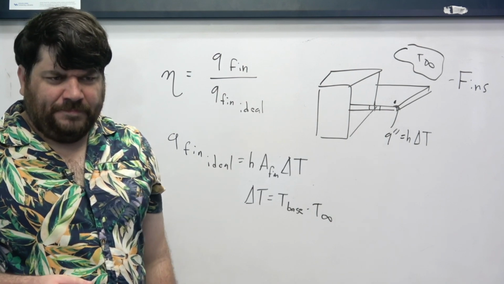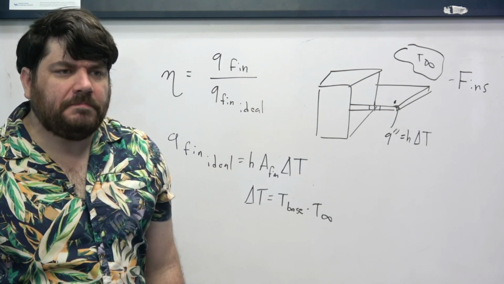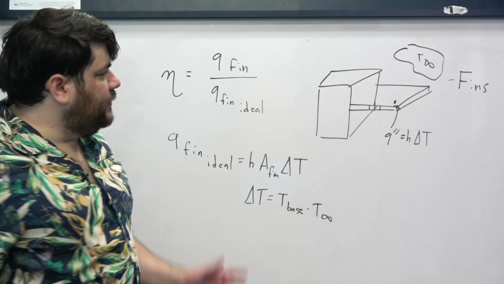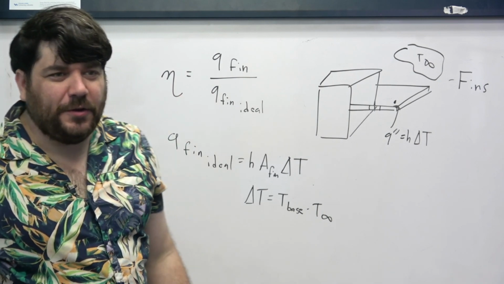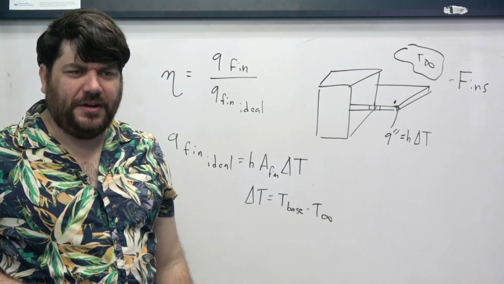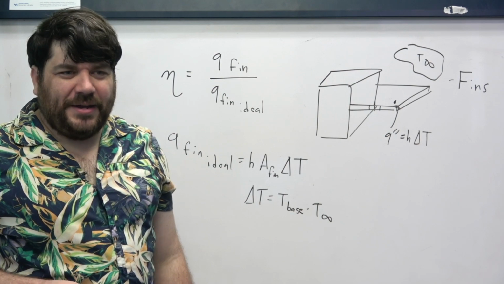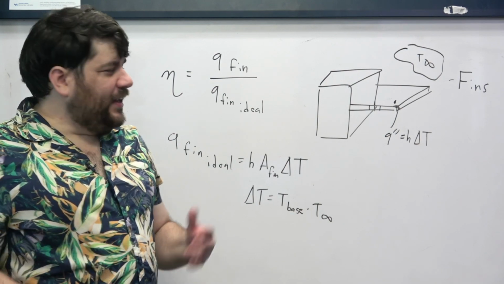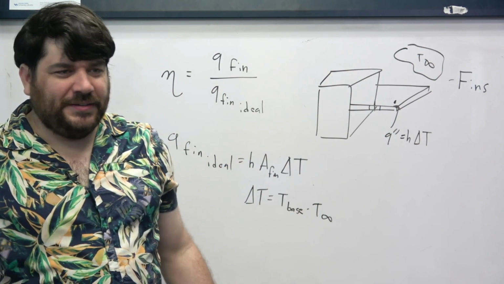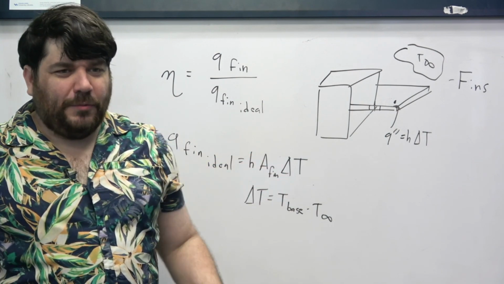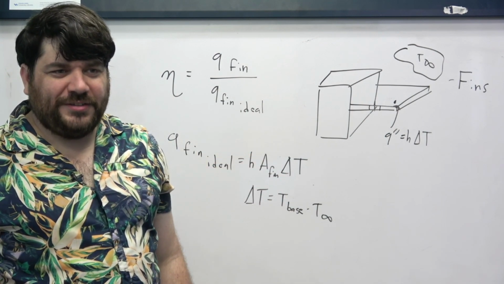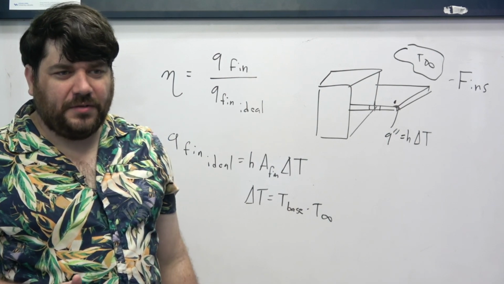And so why does it matter to have these things in place? Like, why does it matter to know what the effectiveness and the efficiency of a fin are if all that I care about is the process of enhancing heat transfer, right? If this enhances heat transfer, why don't I just make every surface a fin surface, at least when heat transfer is involved?